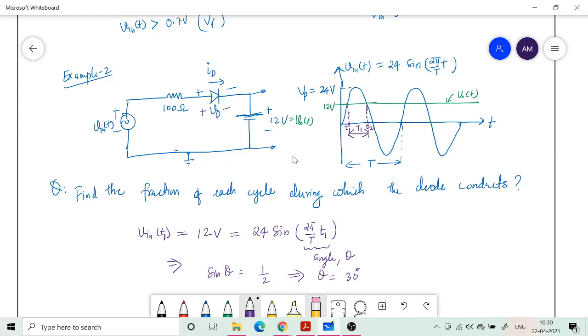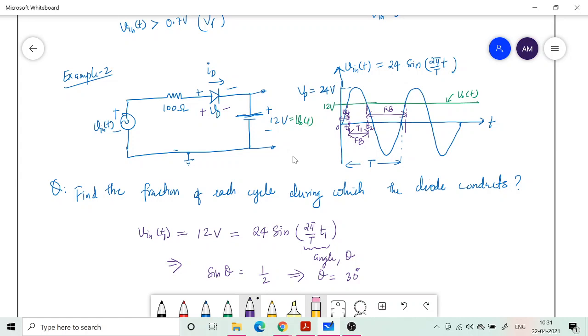Whenever the input voltage is in this region from 0 to this small t1, it is reverse bias, and then you have forward bias here, and then in this entire region it is again reverse bias. So reverse bias, forward bias, reverse bias.